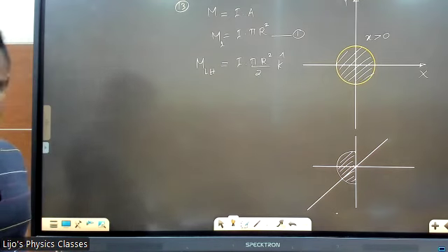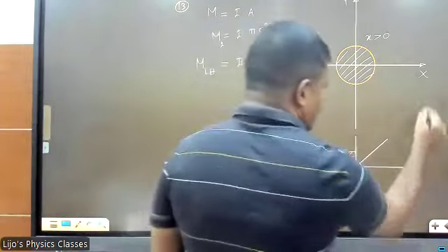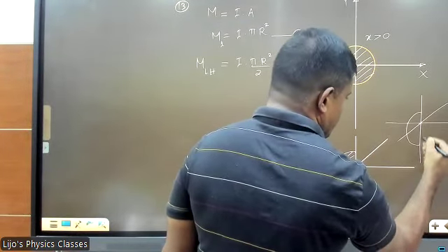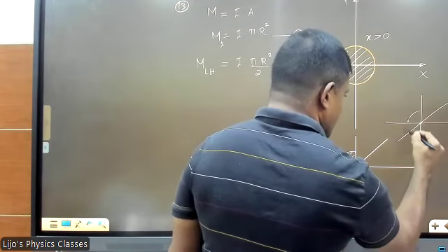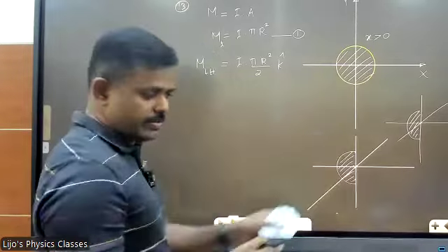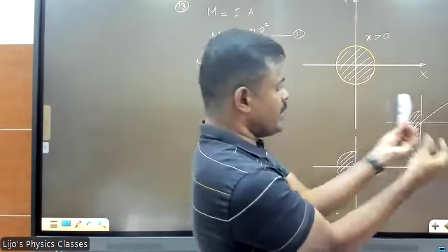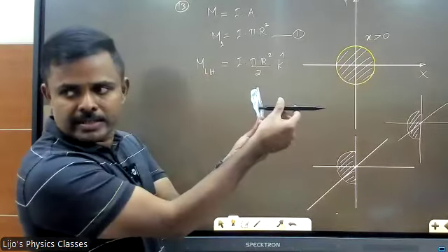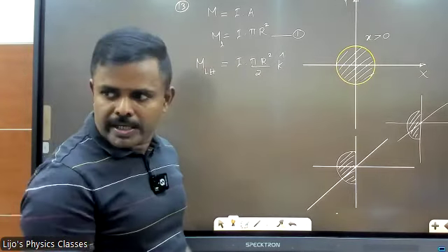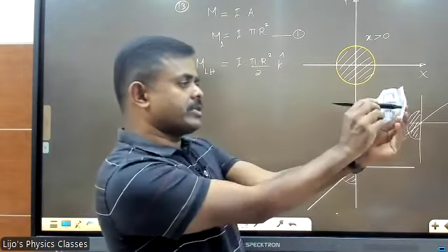Understood this? So draw the second half of it. Second half is this way, in the YZ plane. For that, where is the area vector? Look at this. It's held this way. So the area vector is this way or this way. Either way is fine. If I keep it this way, the area vector is towards me.